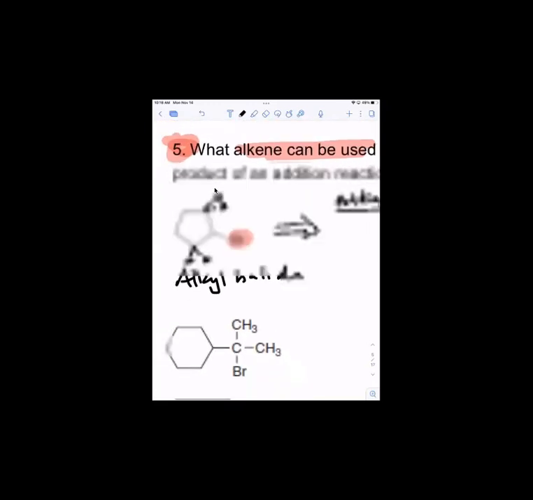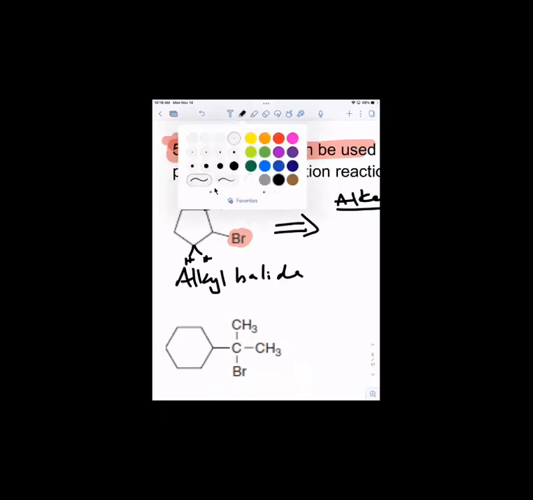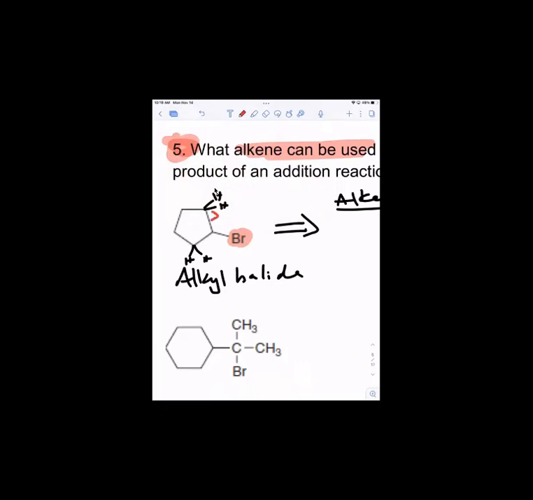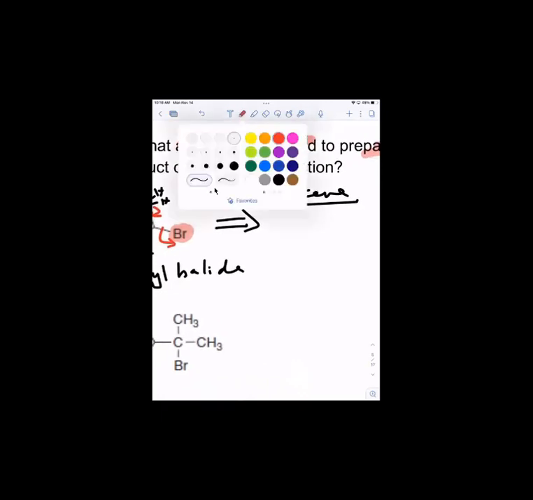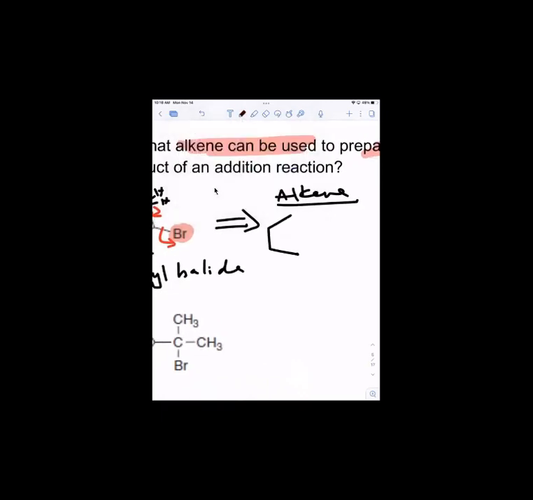All right. So anytime I want to go from the product of an alkene reaction back to the alkene, I just need to do an elimination. So what I can do is eliminate here, and without going through all of it, we'll just assume that it's E2. I can eliminate here, and that will give me this alkene.